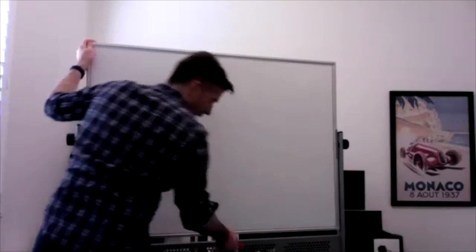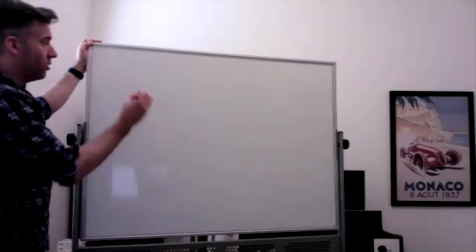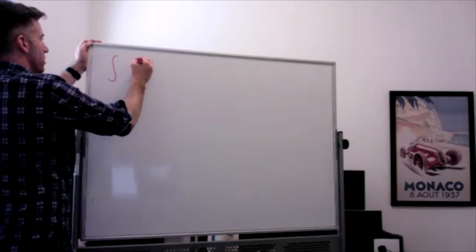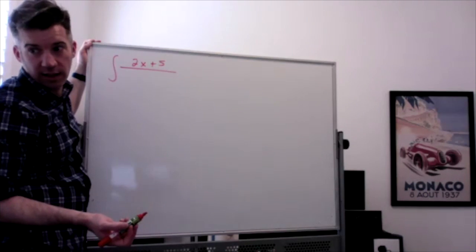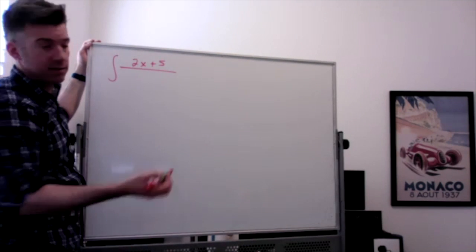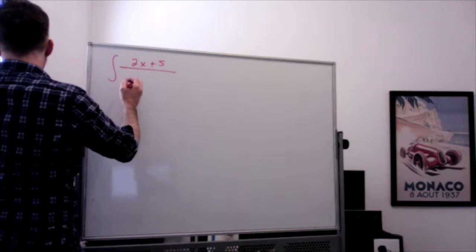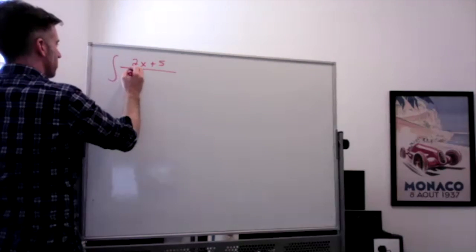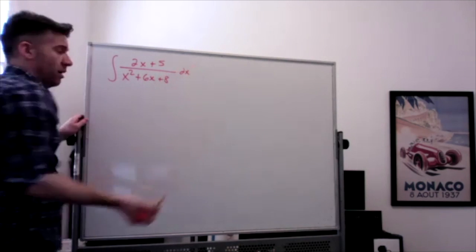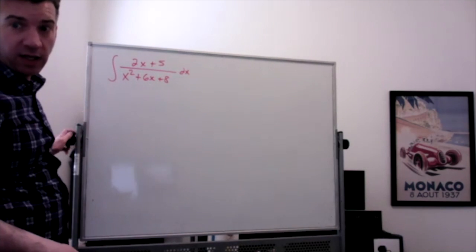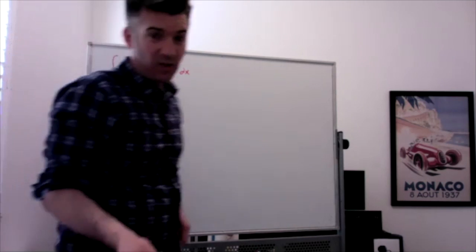So I want to integrate, for example, 2x plus 5 divided by x squared plus 6x plus 8. I would definitely think about trying to use substitution, but it's not going to work.